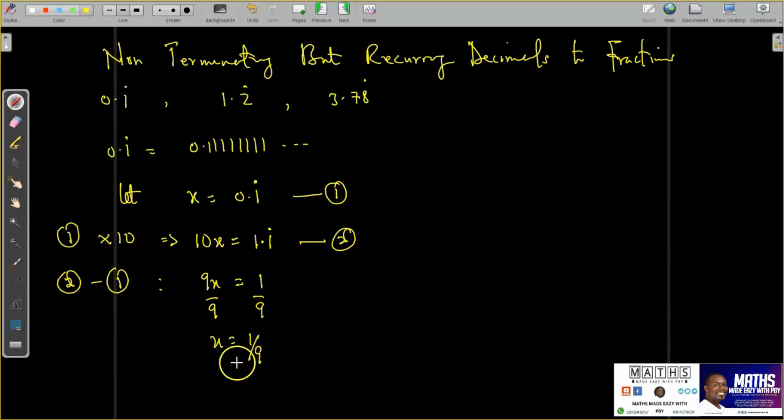So this is our answer to the question. Can you check from your calculator, please? 1 divided by 9 and send it to decimals. What answer are you getting? 0.1 recurring. All right, this is just the beginning. What I've just done, does it make sense?